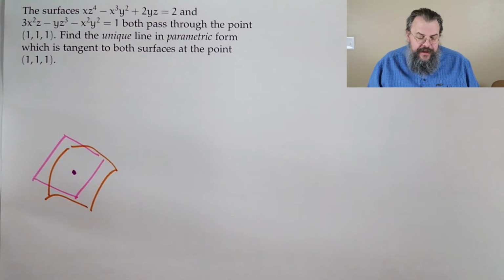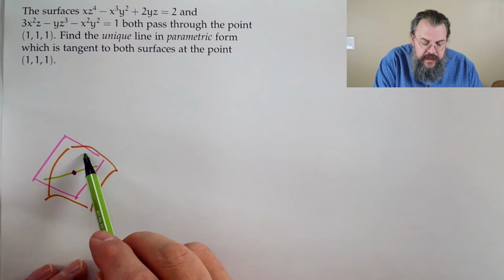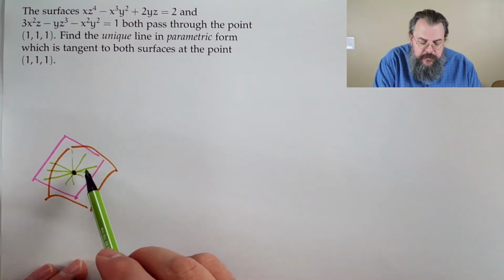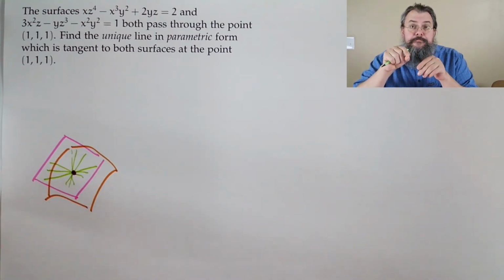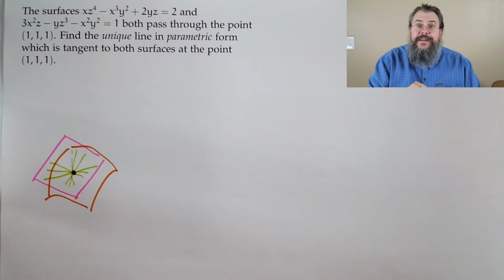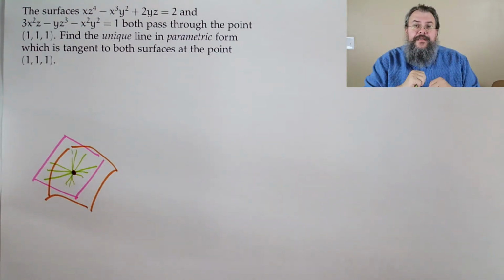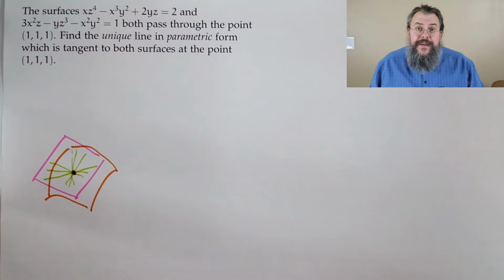And where are they? Well, the answer is just take any line that's in that plane that goes through that point. And what's going to be true is it'll be touching, because it passes through that point, but it just barely kisses that surface.